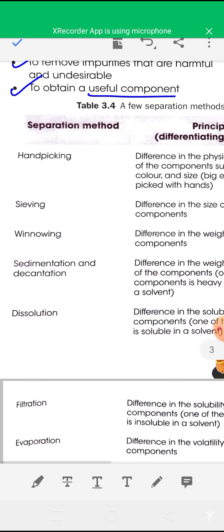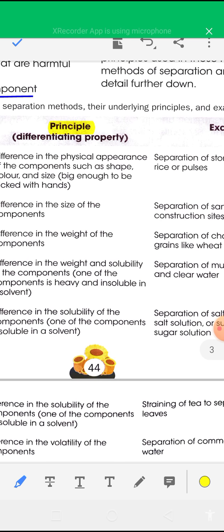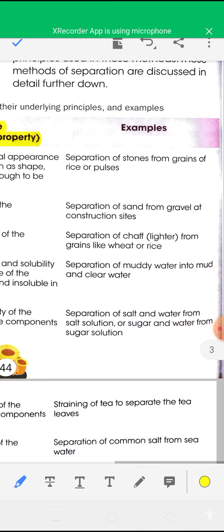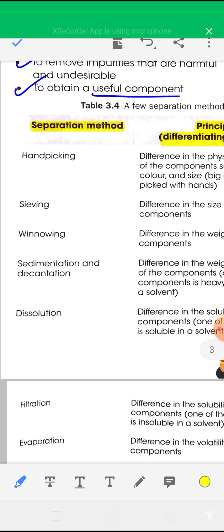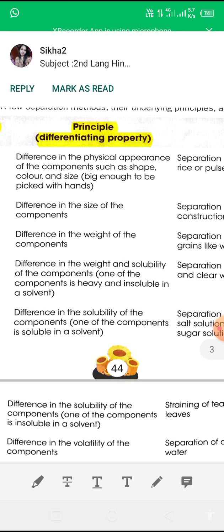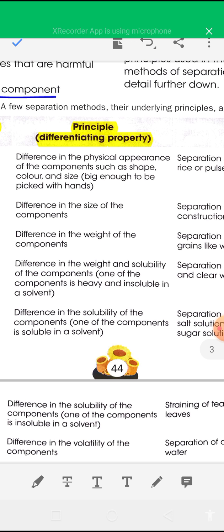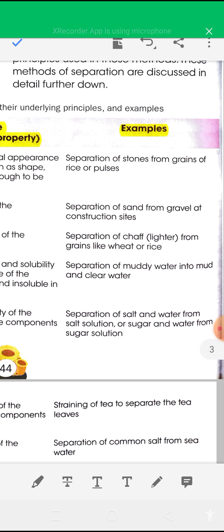The first method is hand picking, and the principle is a differentiating property of the components of a mixture, that is, difference in physical appearance of the components, such as shape, color and size. An example is separation of stones from grains of rice.